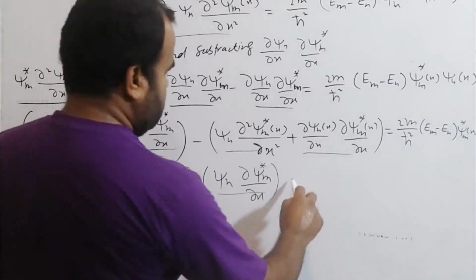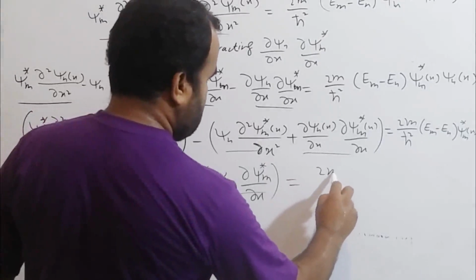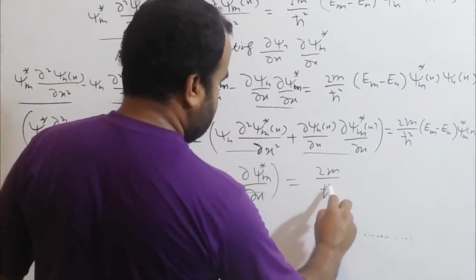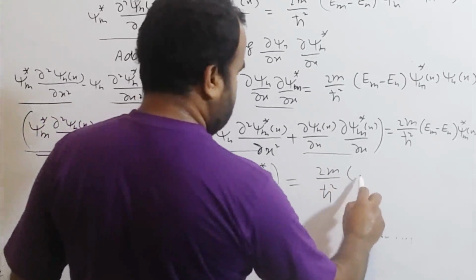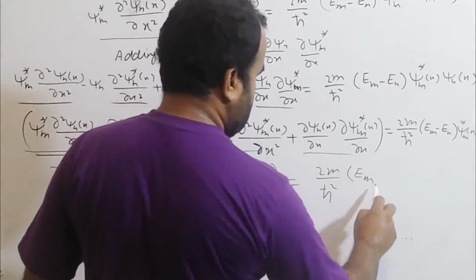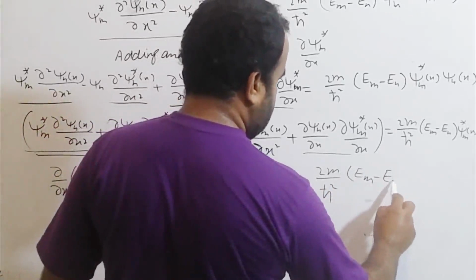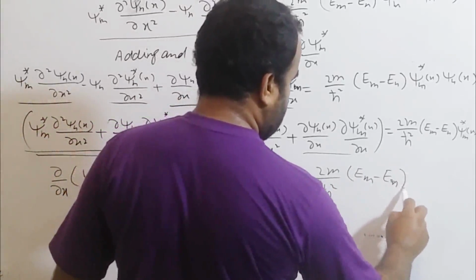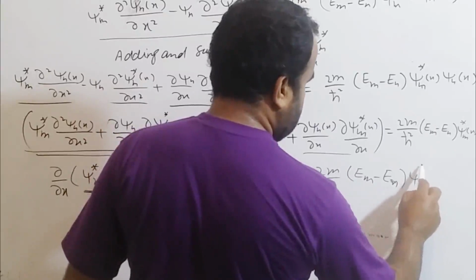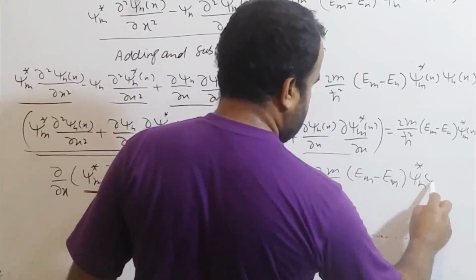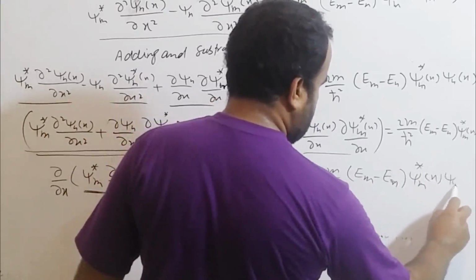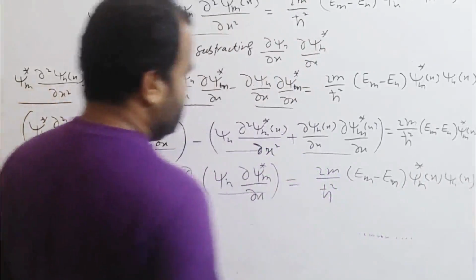Okay. So this is equal to 2m divided by ħ² into Em minus En into ψm* and ψn of x.